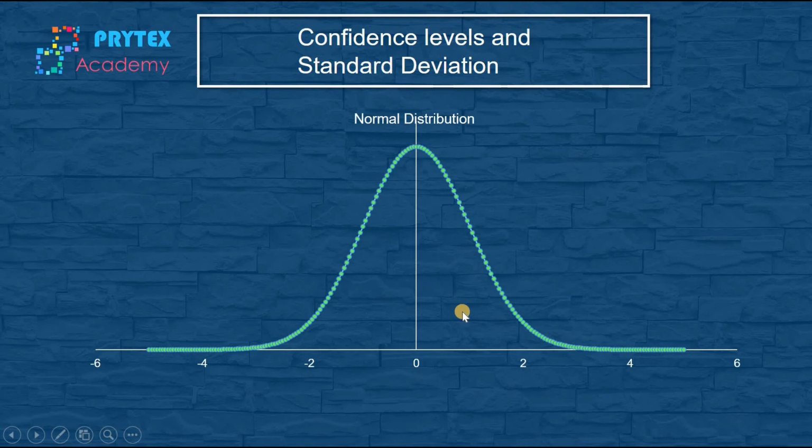So we'll now associate standard deviation with the different confidence levels. How can we do that? Let's divide this normal distribution into areas, one with one standard deviation. Here the Greek letter sigma represents standard deviation.